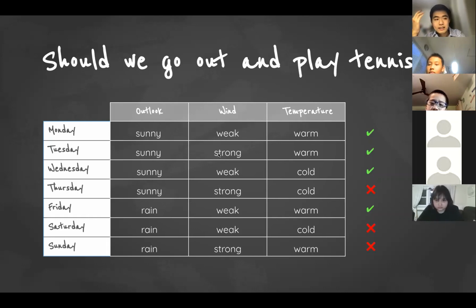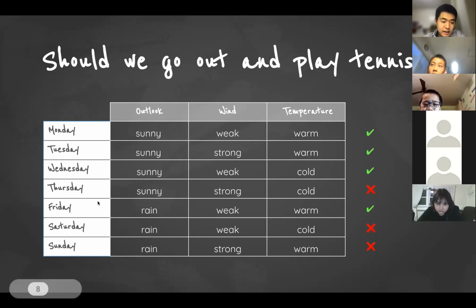In any case, I still wanted to go play tennis. And hence we keep going forward. But on Thursday, when the wind was strong and it's cold temperature outside, I just didn't feel like going to play tennis. So instead, I stayed home. And then on Friday, even though it was raining, it was pretty weak wind and the temperature was warm, hence I still decided to play tennis.